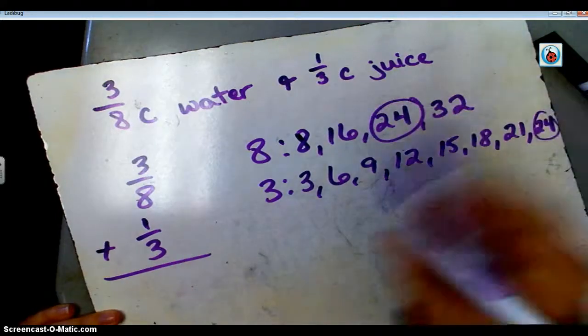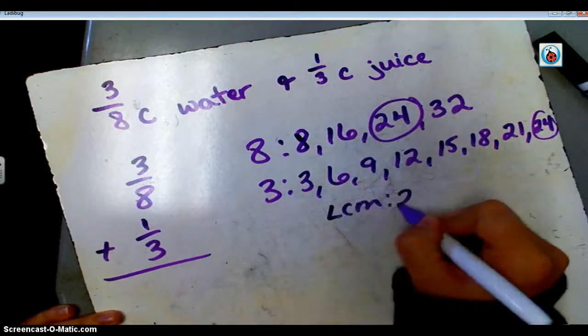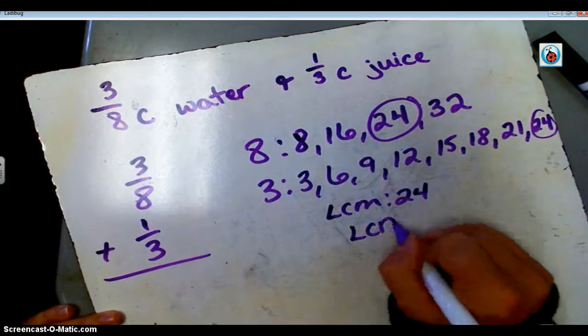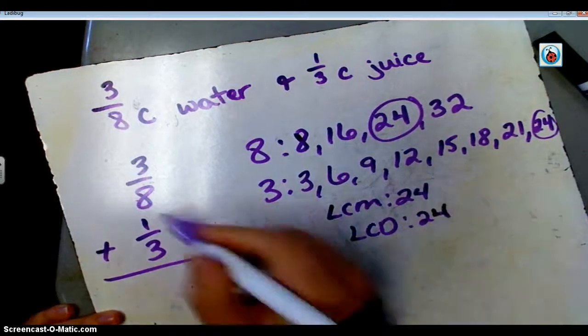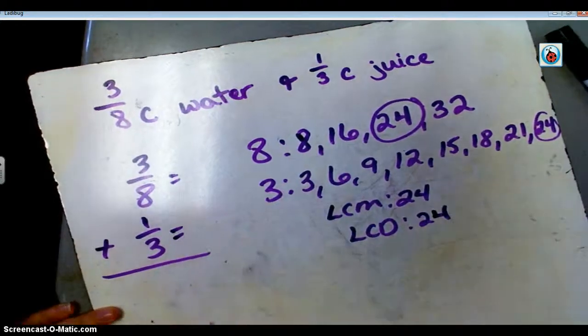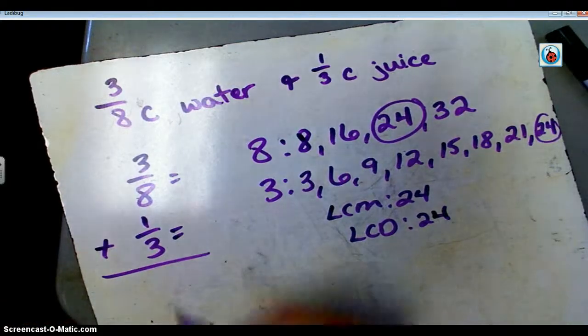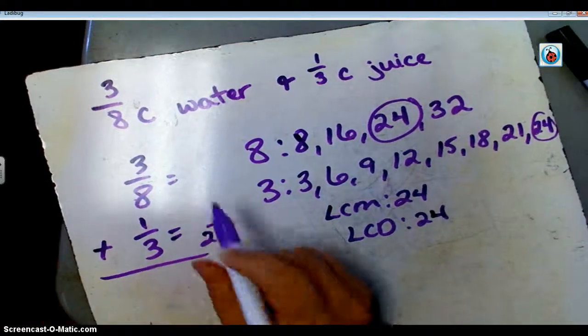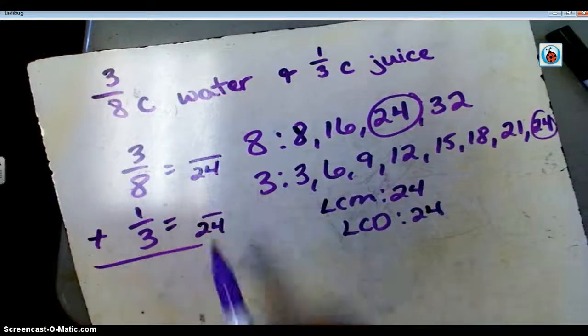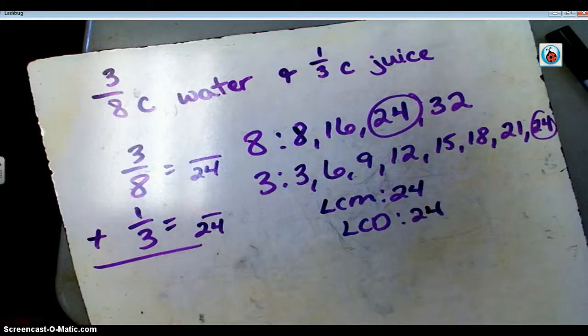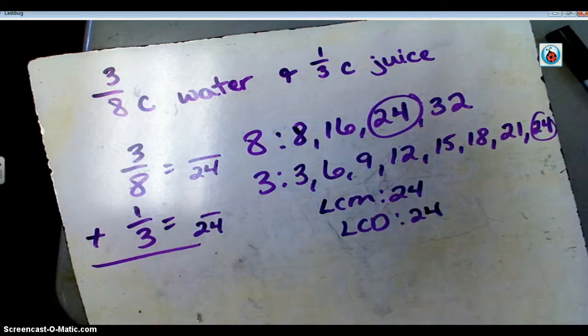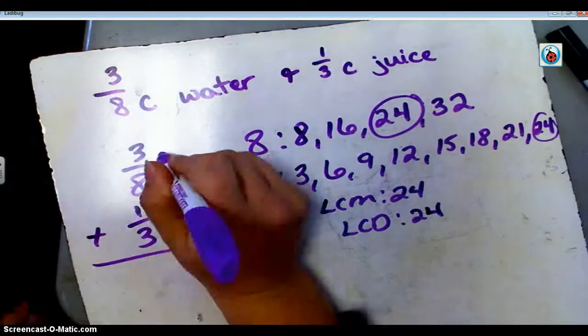Okay, 24 is my least common multiple, which makes it my least common denominator. So what do I do? You can tell me, JT. Okay, my denominator is now 24. Now what? Josh? How many times does 8 go into 24? 3 times. So now what?